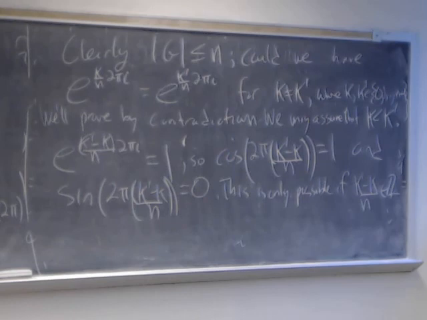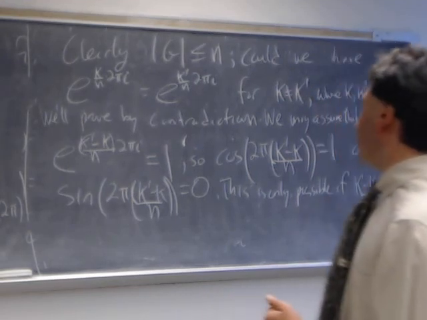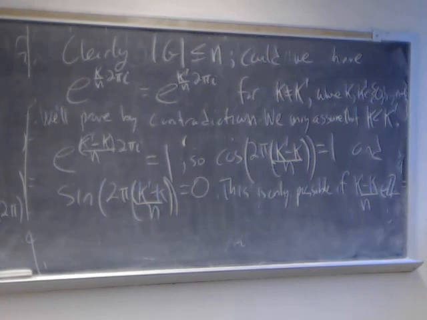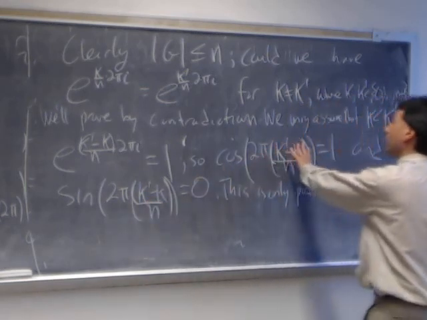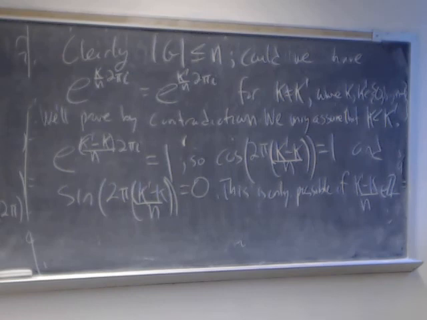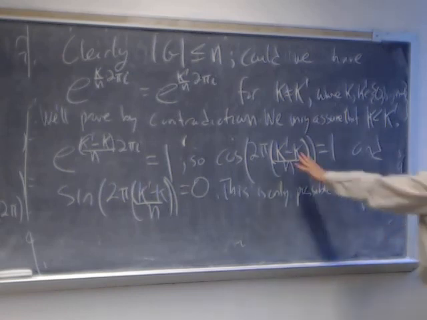If a multiple of 2 pi is plugged into the cosine function, and that's going to equal 1, what could that be? Well, that could be 0 pi, 2 pi, etc. Could it be a half?